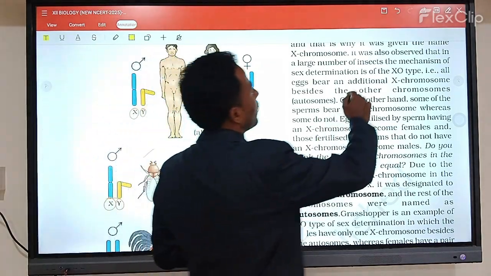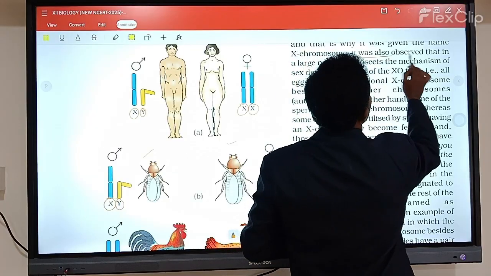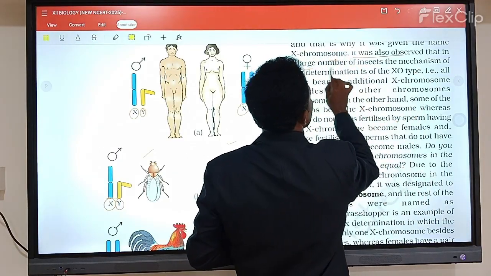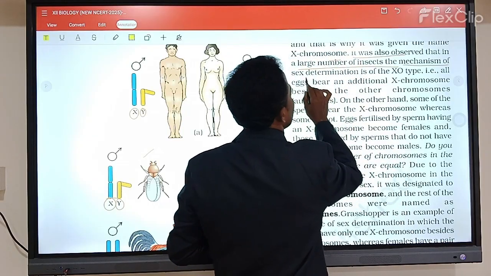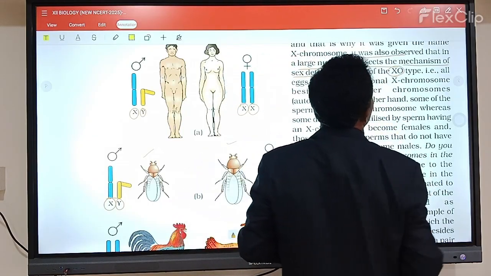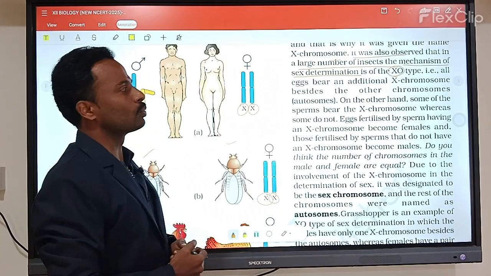Next, it was also observed that in a large number of insects, the sex determination is of the XO type. Mostly they have XO type.